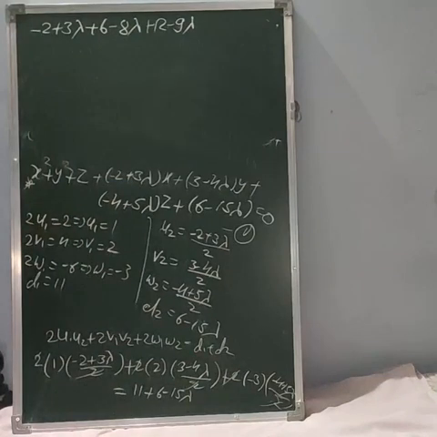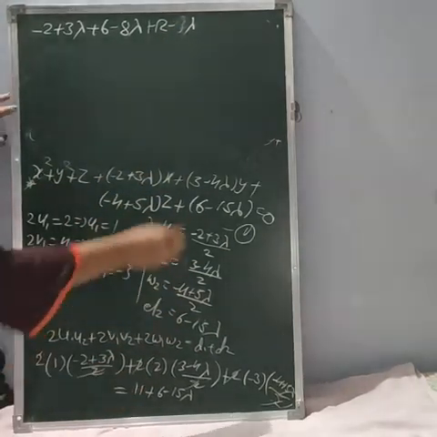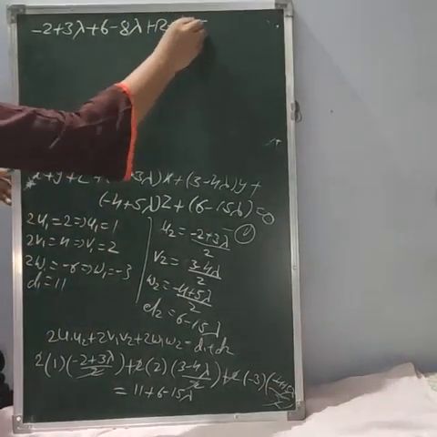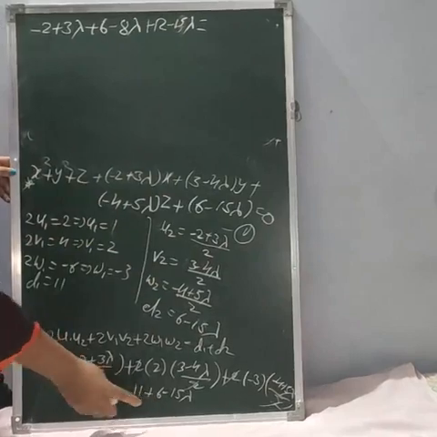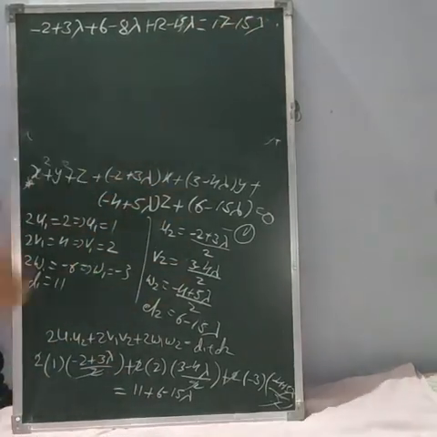Minus 2 plus 3 lambda plus 6 minus 8 lambda plus 12, sorry, this is 5, so you will get 5 into 3, minus 15 lambda. This is equal to 11 plus 6, which is 17 minus 15 lambda.